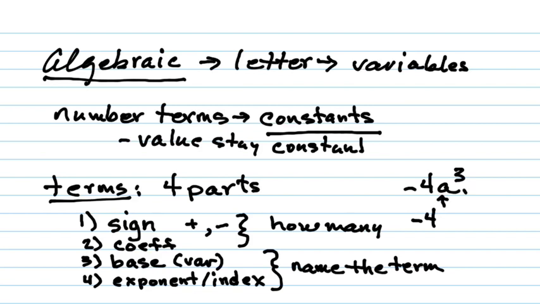The A. And the exponent is the 3. So the exponent is what you actually carry out. But we can't really do an exponent on an A because, do I know what A is? No. So we just have to say it's A to the 3rd. So all it's doing right now is just helping to name the term.